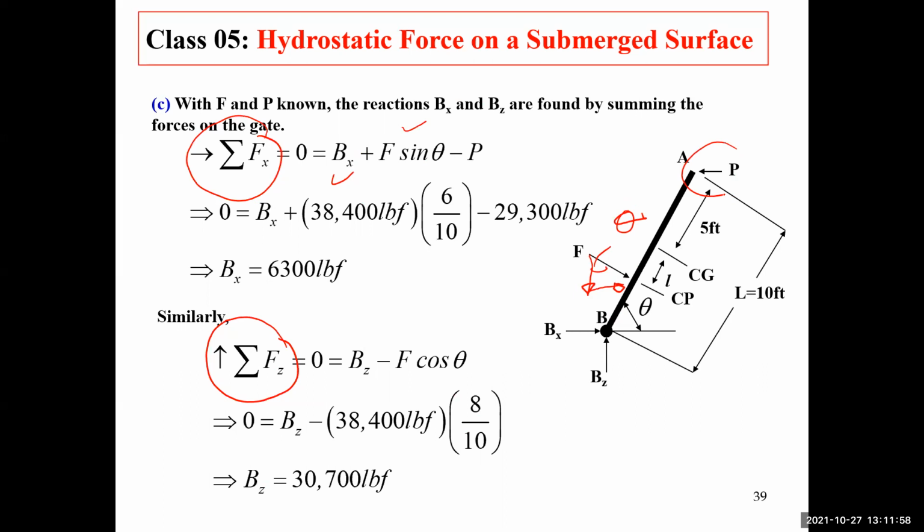One equation and one unknown. Taking the summation of forces in the z direction, I have plus B sub z minus F times the cosine of theta. And so this allows me to find the value of B sub z. So this is the parametric equation to find the value of B sub z. This is the parametric equation to find the value of B sub x.